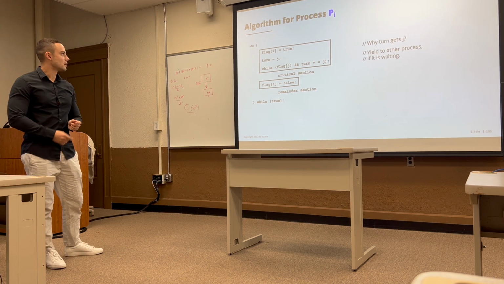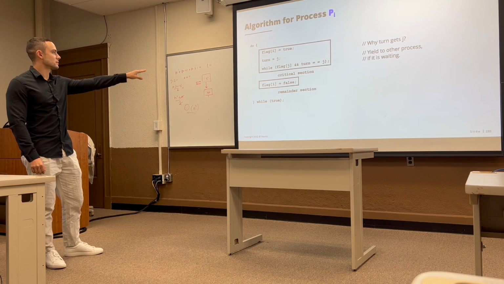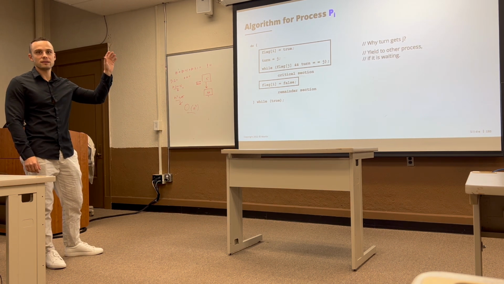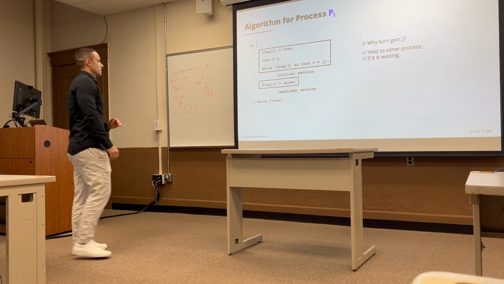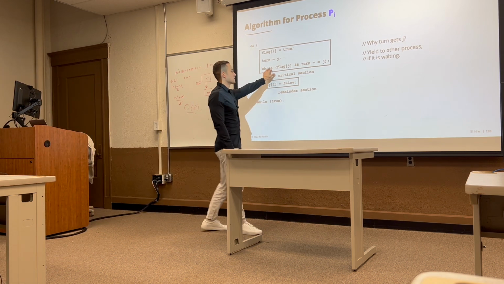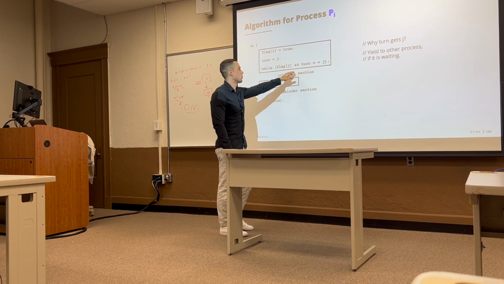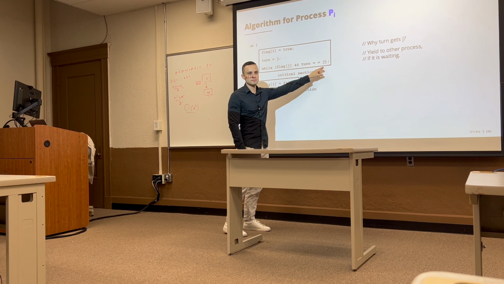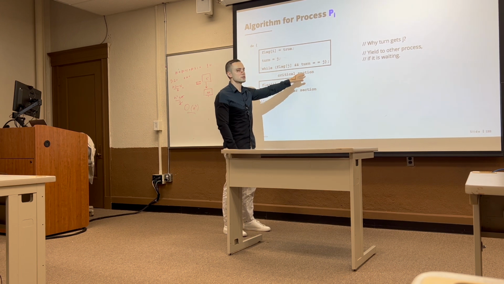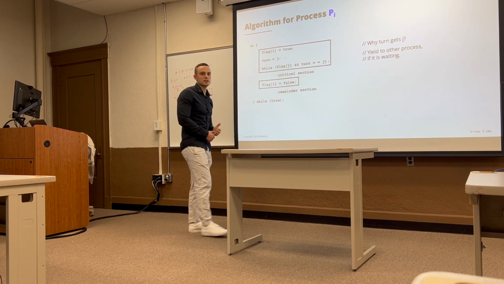Okay. So right now this is process Pi, right? Once we exit this while statement here, process I will go into the critical section. So once either the flag j is equal to false or it is not j's turn, then process I will go into their critical section.